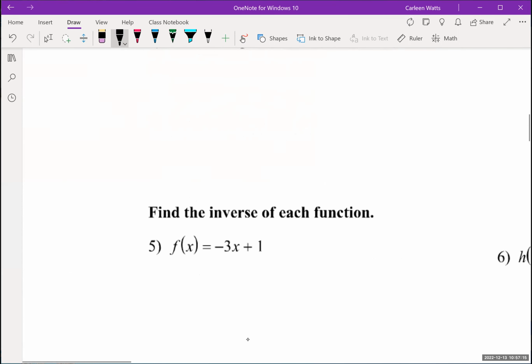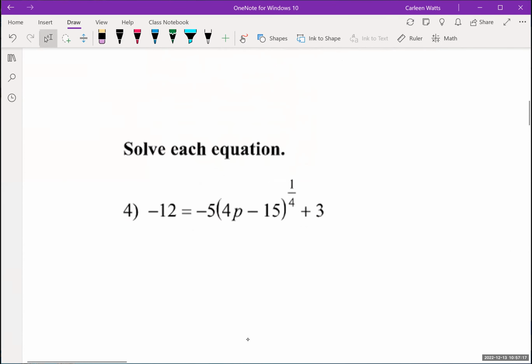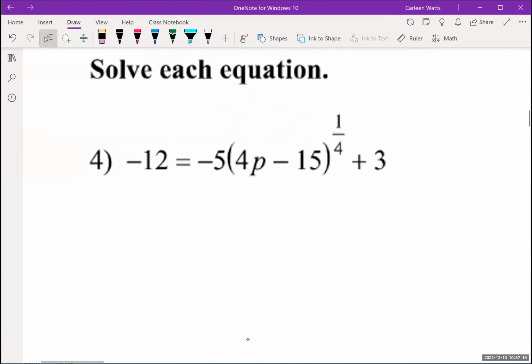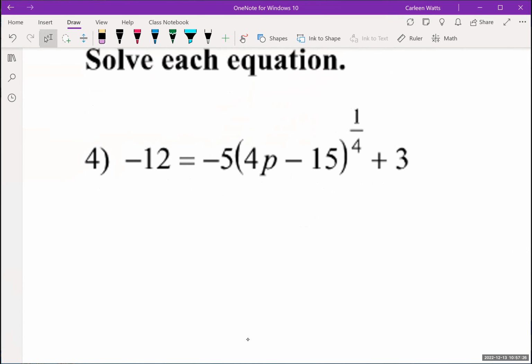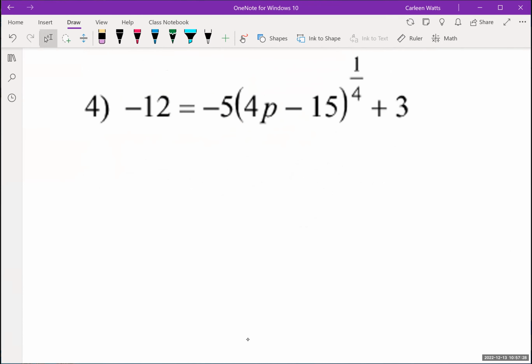Okay, next problem. That is pretty much all of the new material, so everything else you've seen before. Let's solve this equation. What's step number 1? Oh, draw a line down the equal sign.